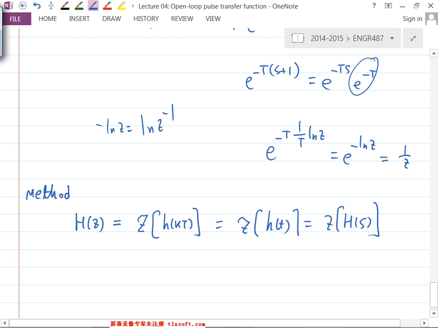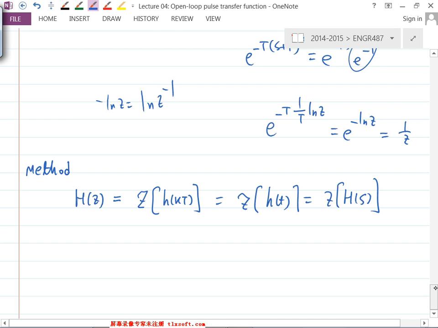So the underlying meaning, when we write particularly this guy, is like a backward step. When you write the Z of this guy, you actually mean: I'm going to transform this back to h of t, then do an impulse sampling of this, and then I get this.